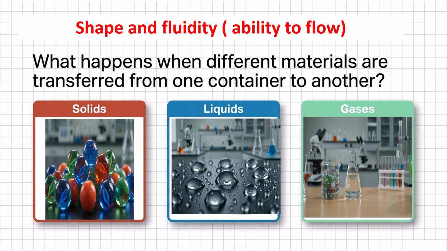Does the volume and shape of the balls change? No, the shape and the volume of balls is constant, or doesn't change. So the volume and shape of solids is fixed.